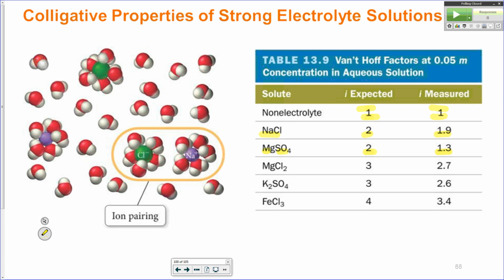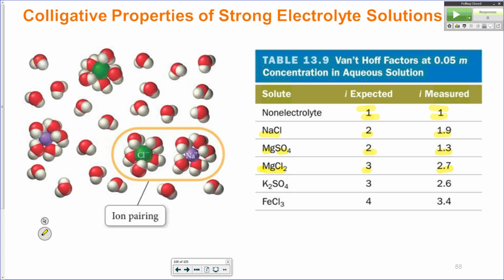It's 1.3. If you look at something like magnesium chloride, now it's a 1 minus and 2 plus charge interaction electrostatically. We expect it to be 3, and it's actually a lot closer. So the biggest deviations occur when you have the biggest electrostatic interaction between the two ions, so the higher the charge on both cation and anion.